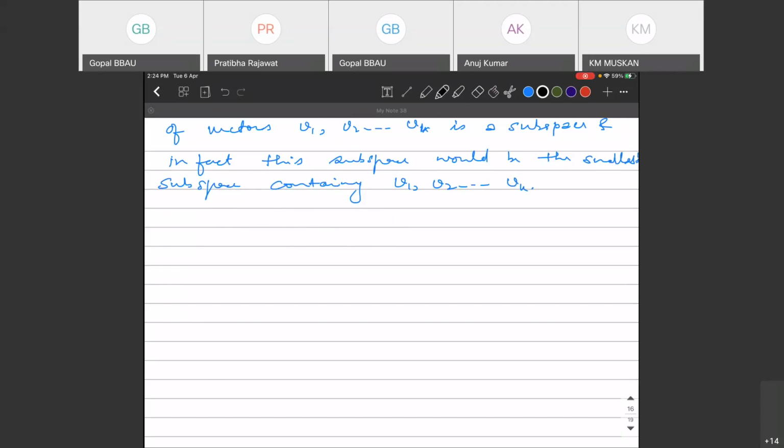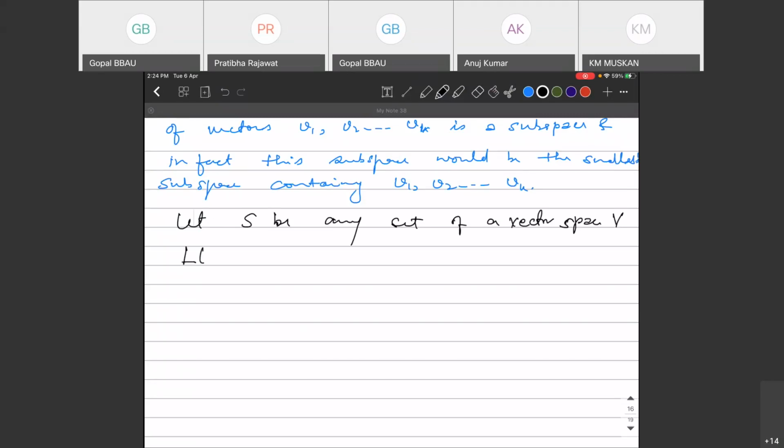Okay. So let S be any set of a vector space V. Any set of a vector space means S contains vectors from the vector space. So it may be finite, it may be infinite.